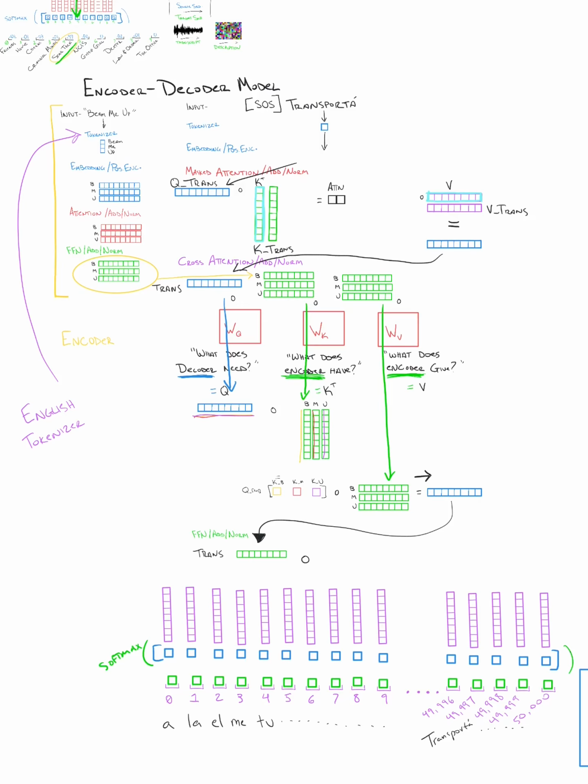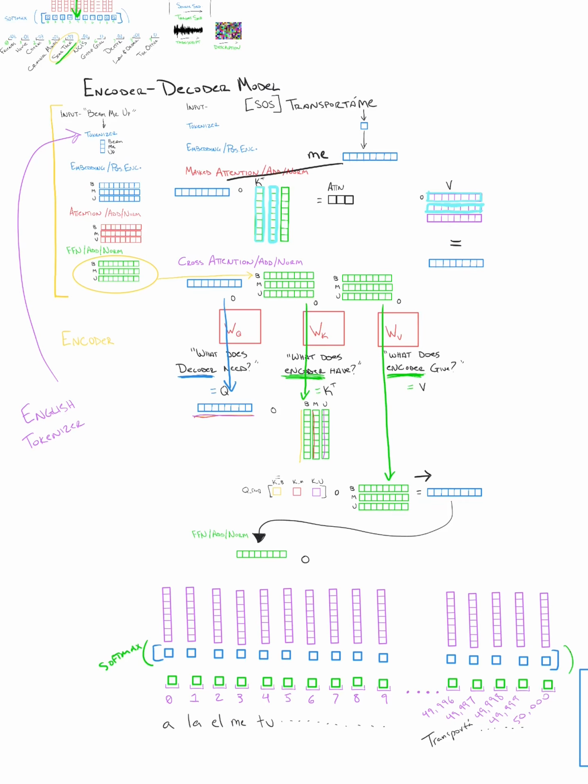The next token is predicted, me, which is appended to our input, run through the masked attention, attending to both SOS and transporta, works its way through the cross-attention and moves on to predict the next token.